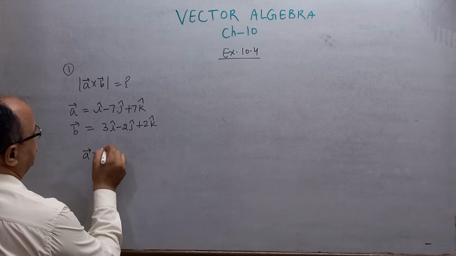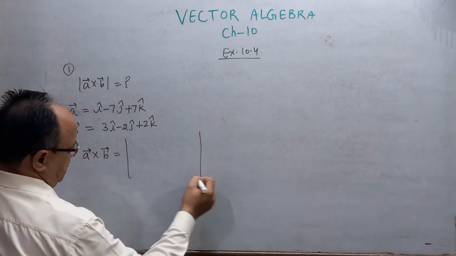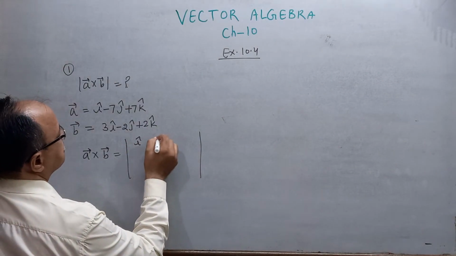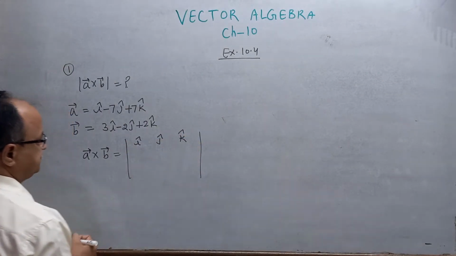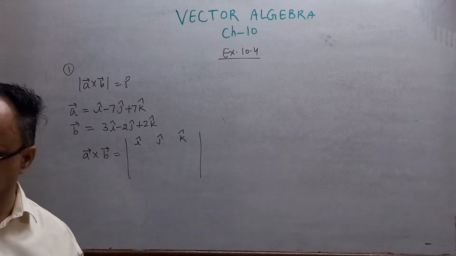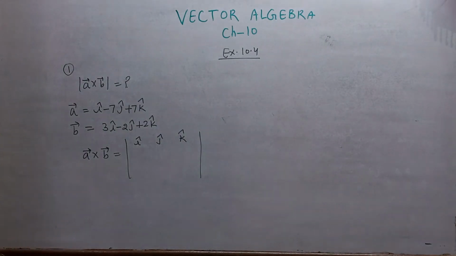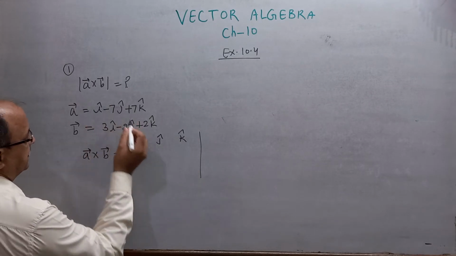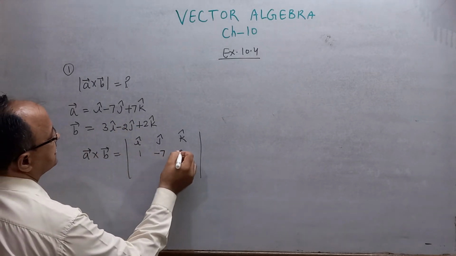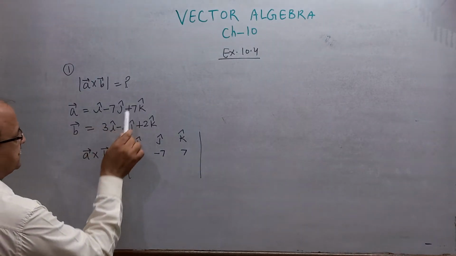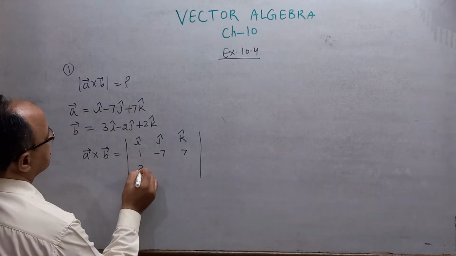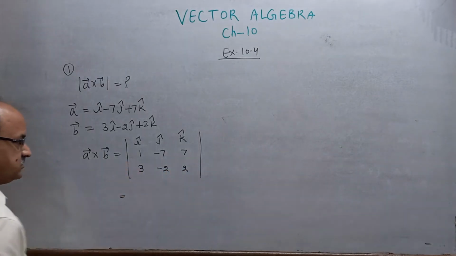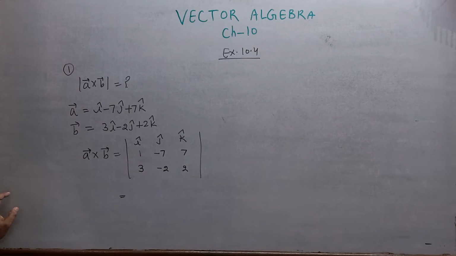Using determinant you can find A cross B. I cap, J cap, K cap; the scalar components of A are 1, minus 7, 7, and the scalar components of B are 3, minus 2, 2. Now expand by R1 using determinant.